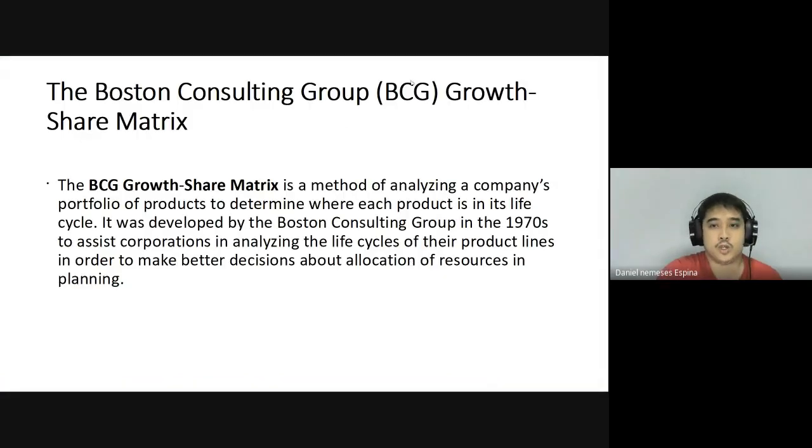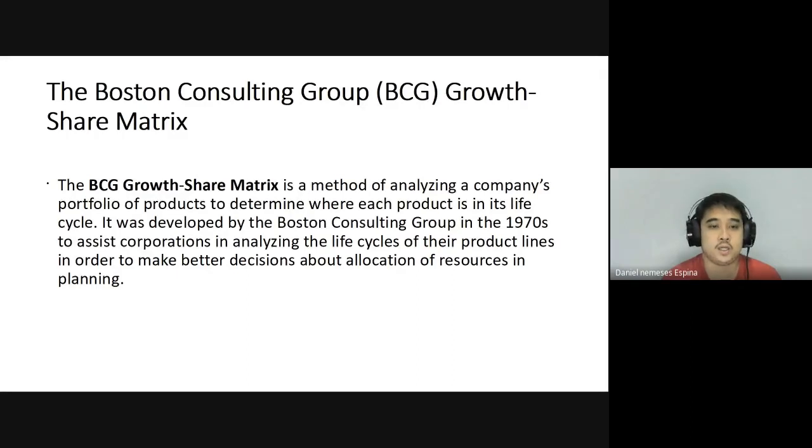So, the Boston Consulting Group or the BCG Growth Share Matrix. It is a method of analyzing a company's portfolio of products to determine where each product is in its life cycle. The BCG Growth Share Matrix is used when the company has lots of businesses or lots of products under its portfolio.